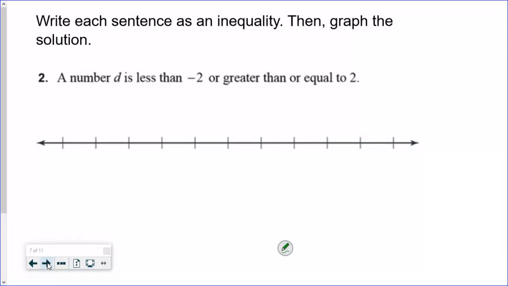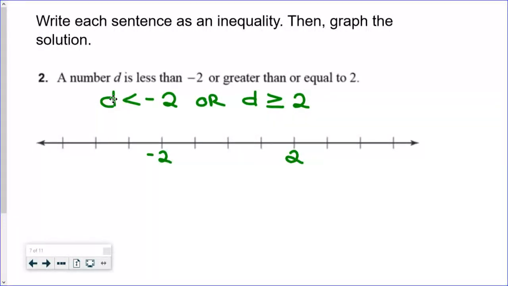So here we go. A number D is less than -2, or you actually have to write the word or, D is greater than or equal to 2. Now I know I have a -2 and a +2. Spacing, if you can do it, great. If not, just put which one's on the left, which one's on the right.